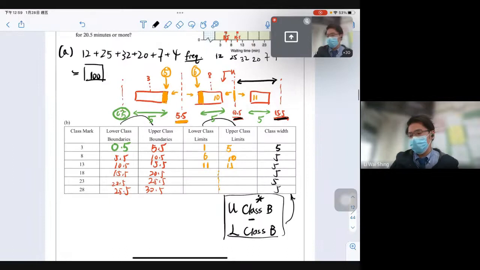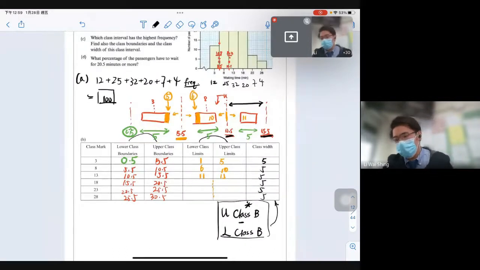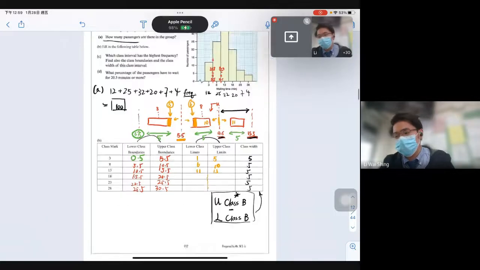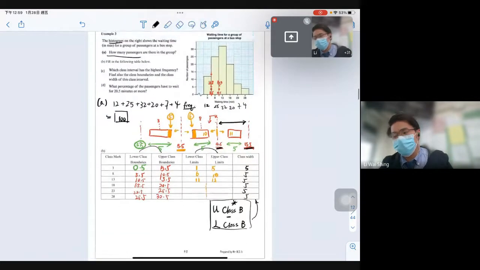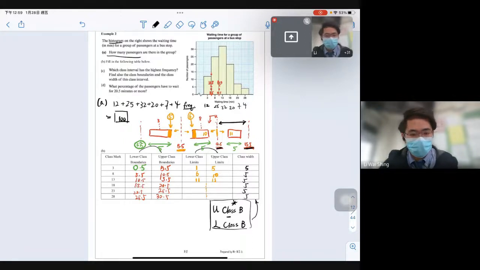All right, so this is the most important table that you need to know. Okay, so C and D is very easy. It's just some Form 1 stuff. I believe you all can do it. Any question about this table?